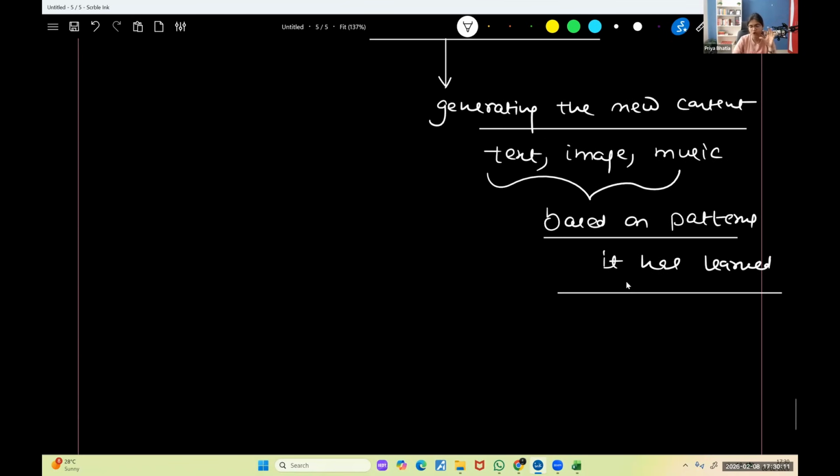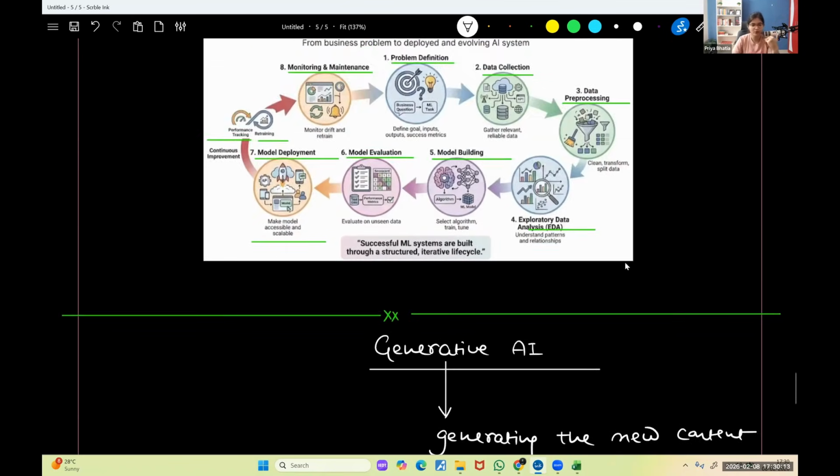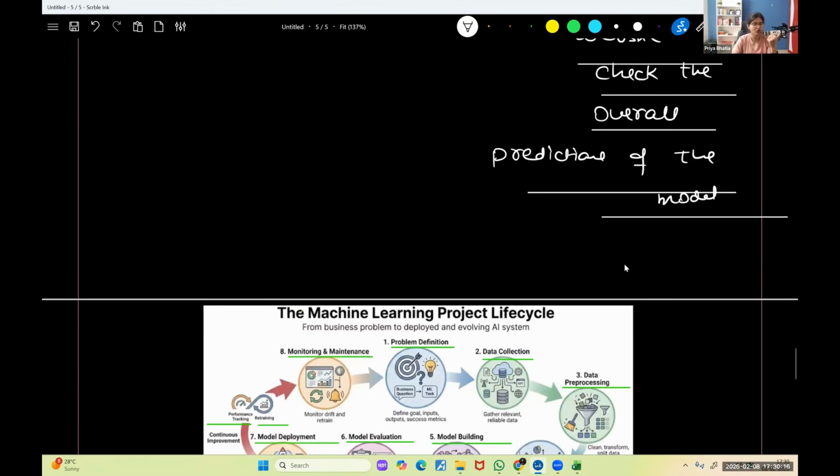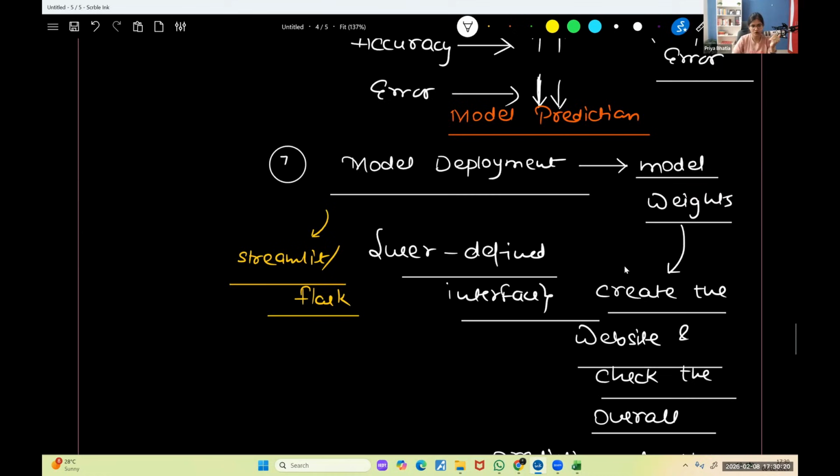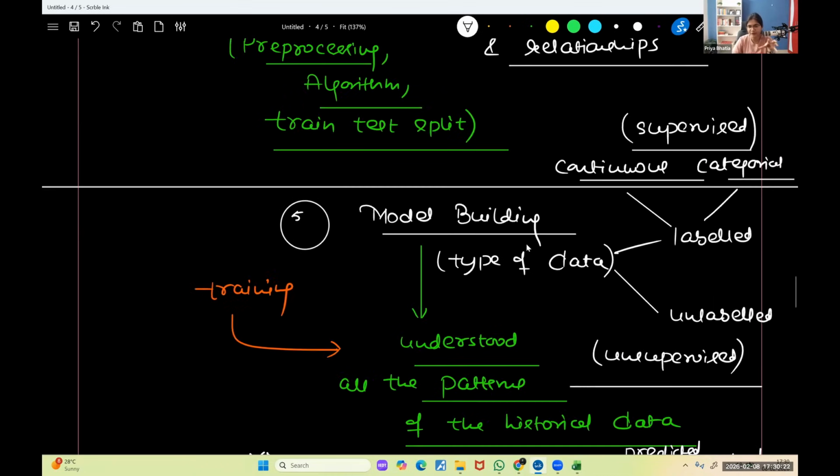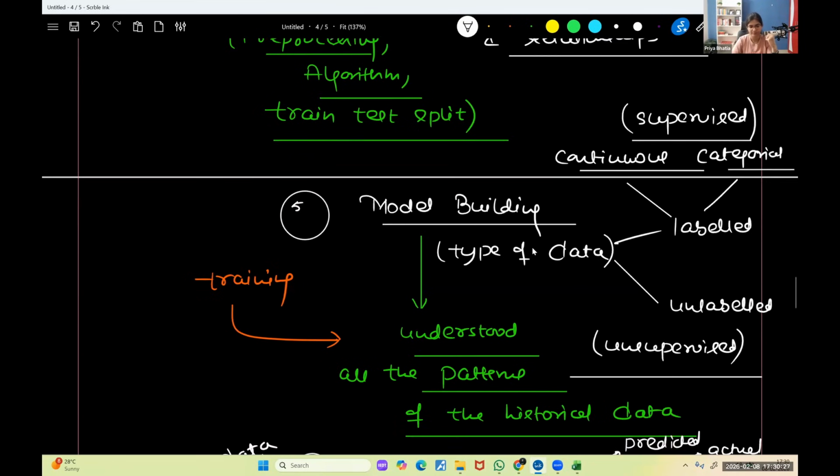Now, always remember, when we talk about machine learning projects or machine learning algorithms, when we do model training or model building, we always start from scratch. The training will always happen from scratch.